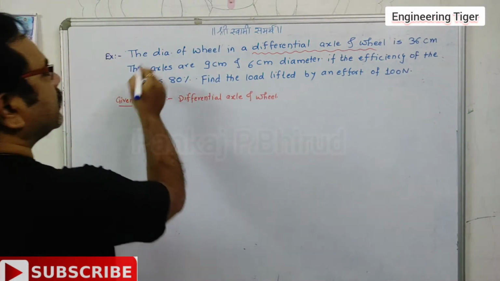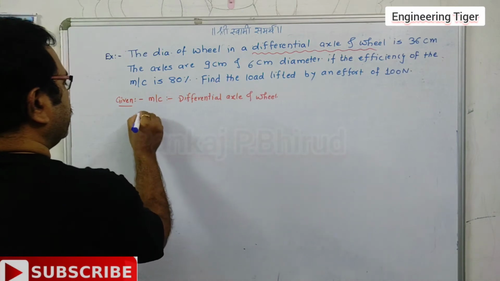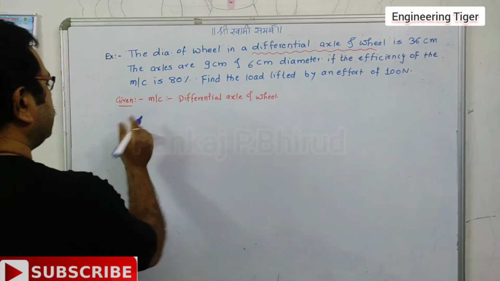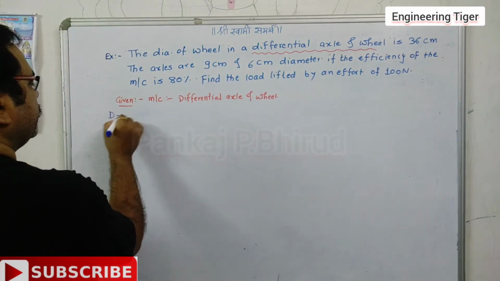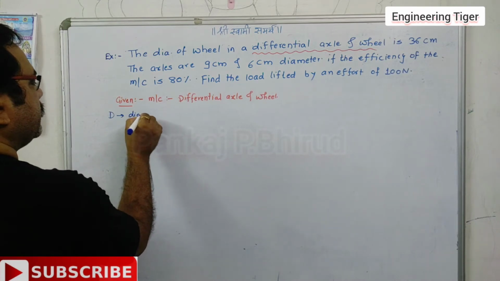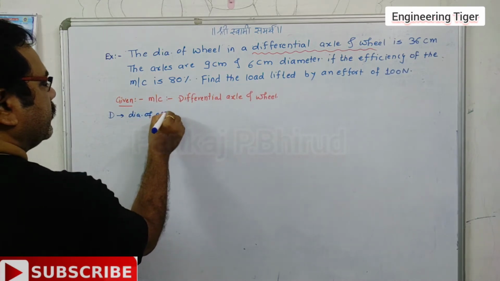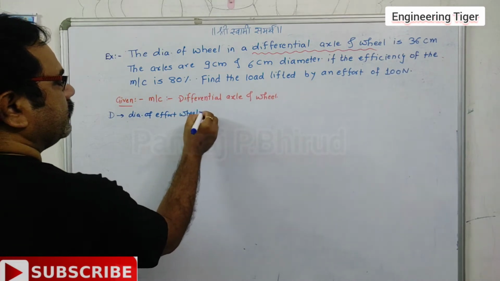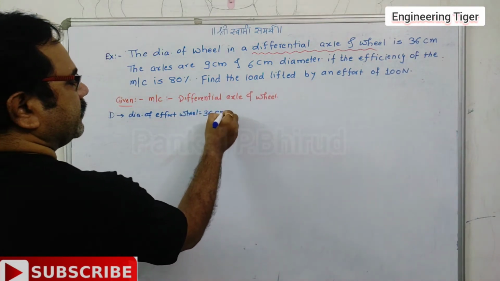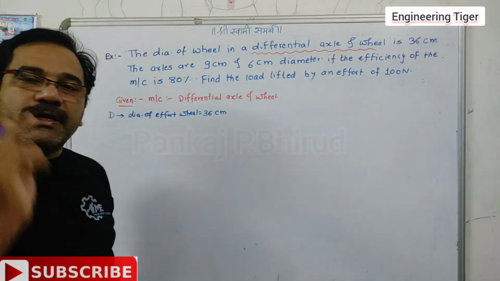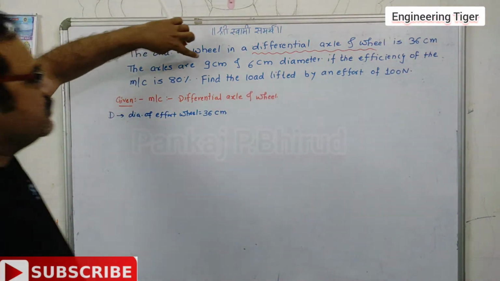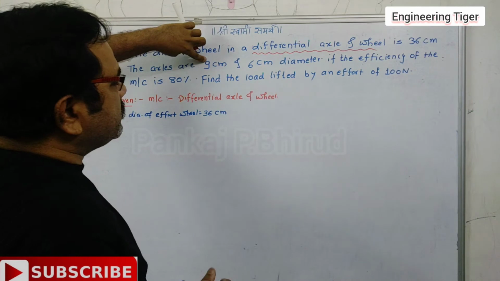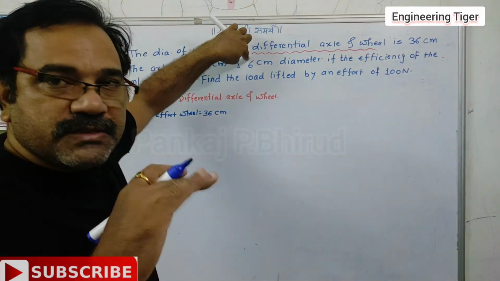Then the diameter of the effort wheel, that is capital D, is equal to 36 centimeter. Now there are two axles. So 9 centimeter is the bigger one and 6 centimeter is the smaller one.